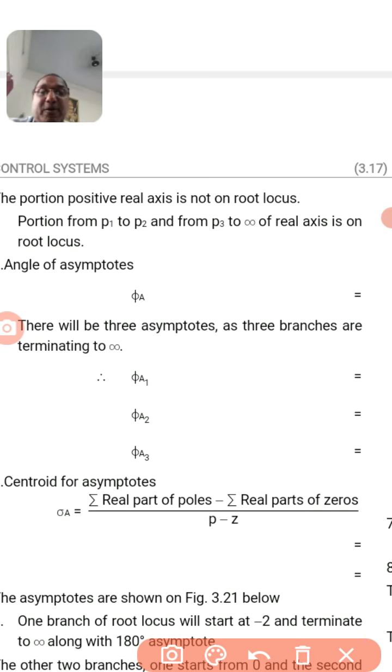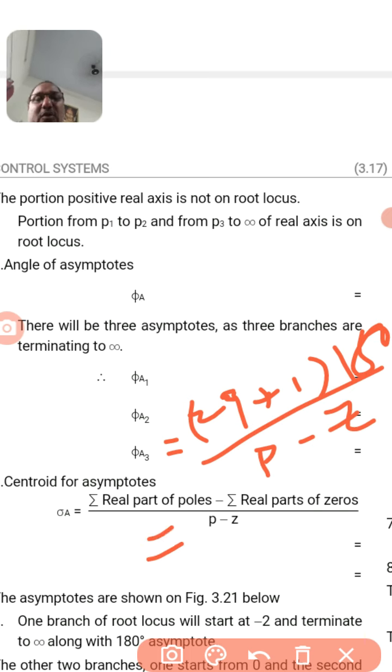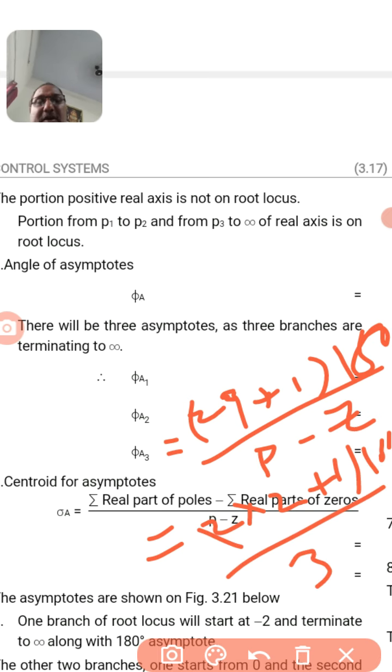Now, the third angle. That is (2q plus 1) into 180 divided by P minus Z. If q is equal to 2, it is 2 into 2 plus 1, that is 5, into 180, divided by 3, which is equal to 300.